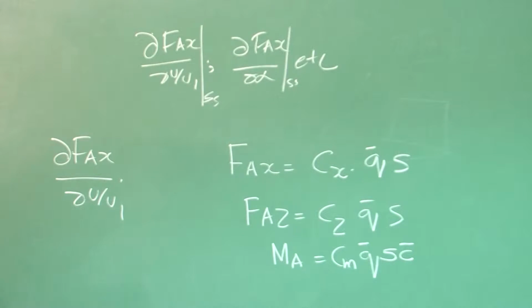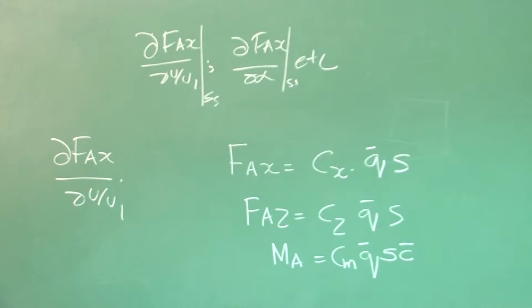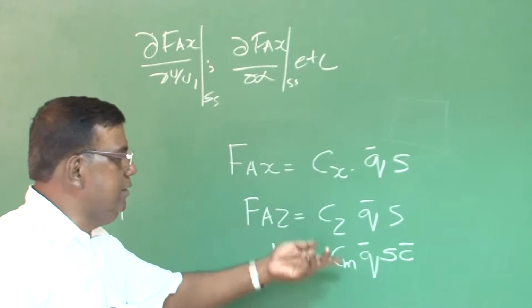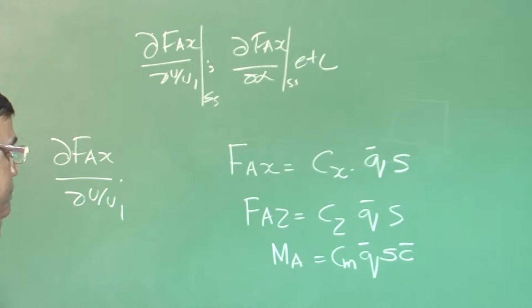Clear? There is no problem. I'm just using the definitions of Fax, Faz and Ma through Cx, Cz and Cm, as we did for CL, CD and Cm.